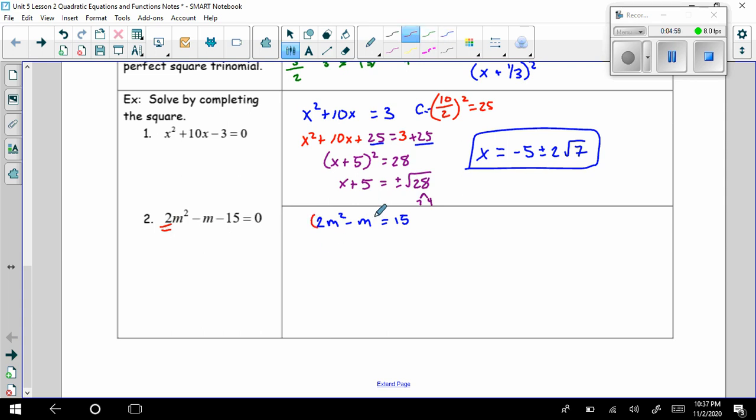But then I'm going to factor out the lead coefficient. So I'm going to take that 2 out front, and I end up with m squared minus 1/2 m is equal to 15. You could divide that 2 over to the other side at this point in time if you'd like.